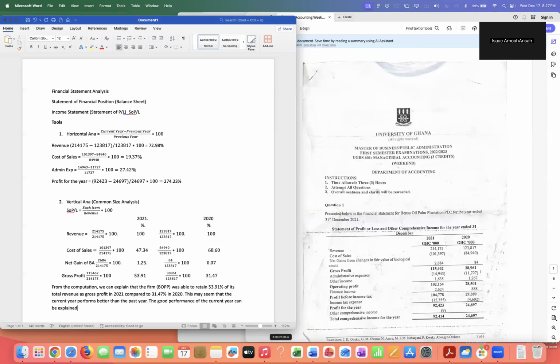That's the same thing I'm going to write, but in a different way, that the firm was able to manage down their costs. Managing down your costs, Sammy, means you cut down your spending on cost of sales. Is that not true? Okay, sure.